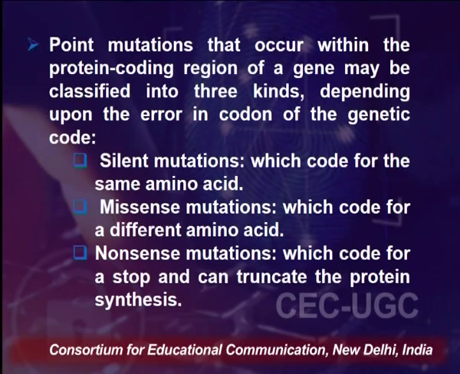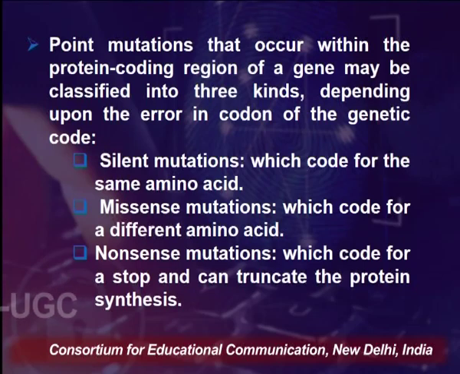To understand that, we must know that it is a sequence of 3 bases which we call a codon, which further codes for an amino acid and then a protein. So, if a point mutation changes that at a specific site, that might lead to a change in the protein.